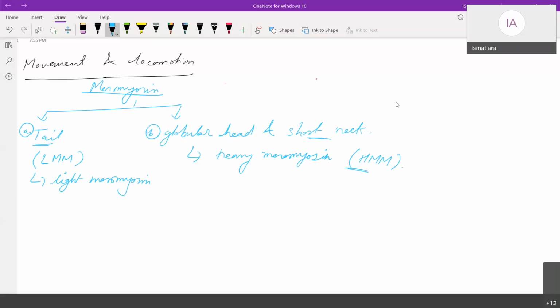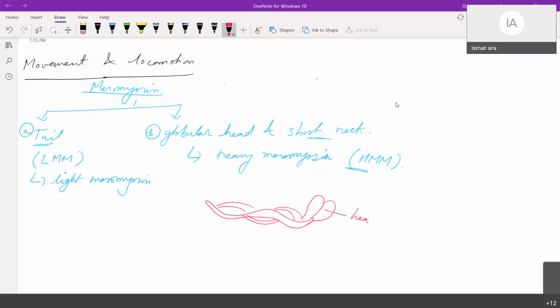Now let us draw the structure. You see the structure is like this. This diagram is given in NCERT.